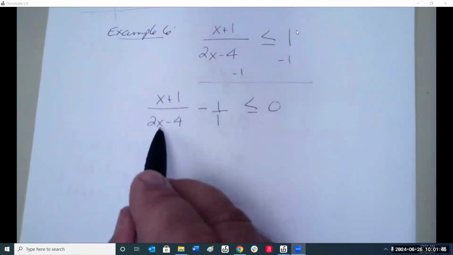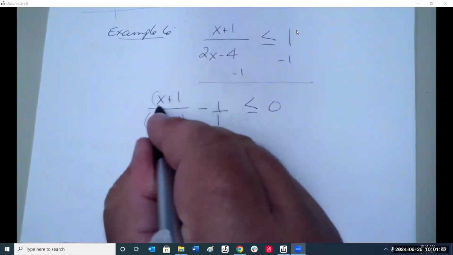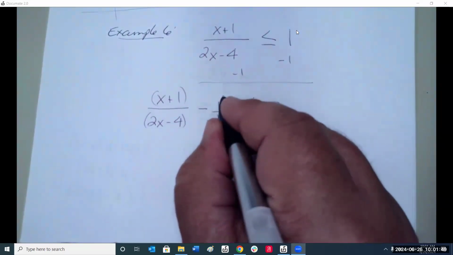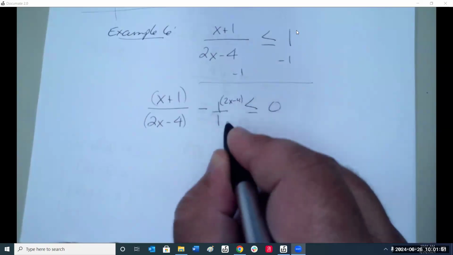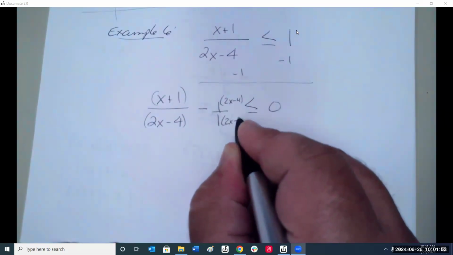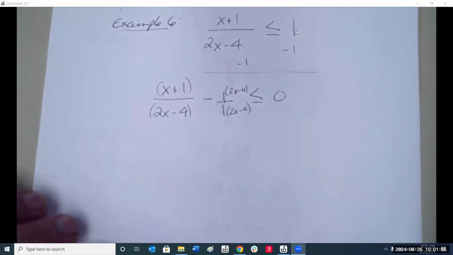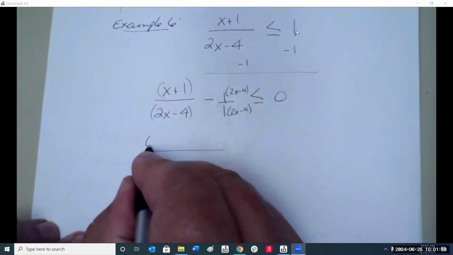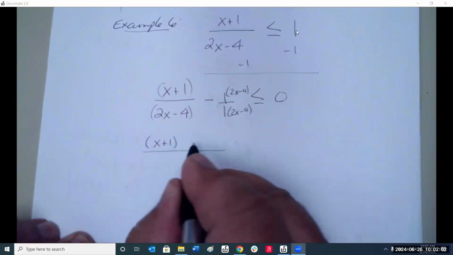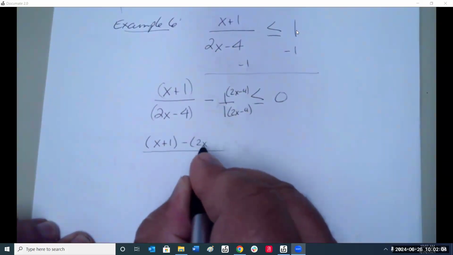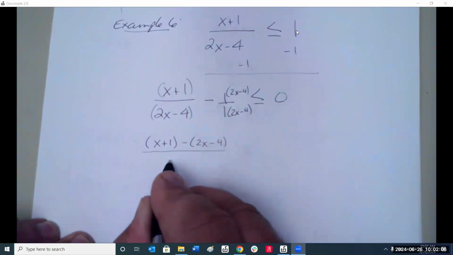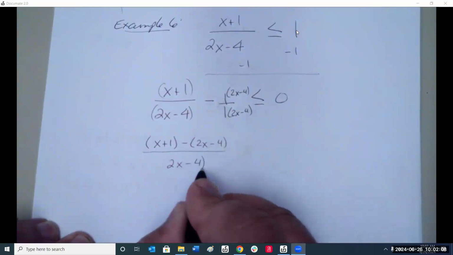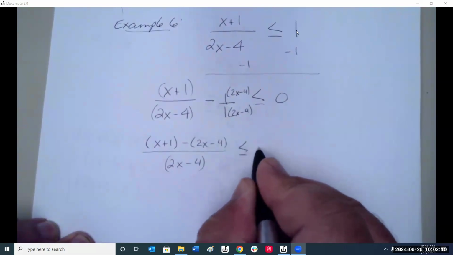You have to get a common denominator, which is 2x minus 4. So we have to multiply 2x minus 4 top and bottom. x plus 1 minus (2x minus 4) over 2x minus 4 is less than or equal to 0.